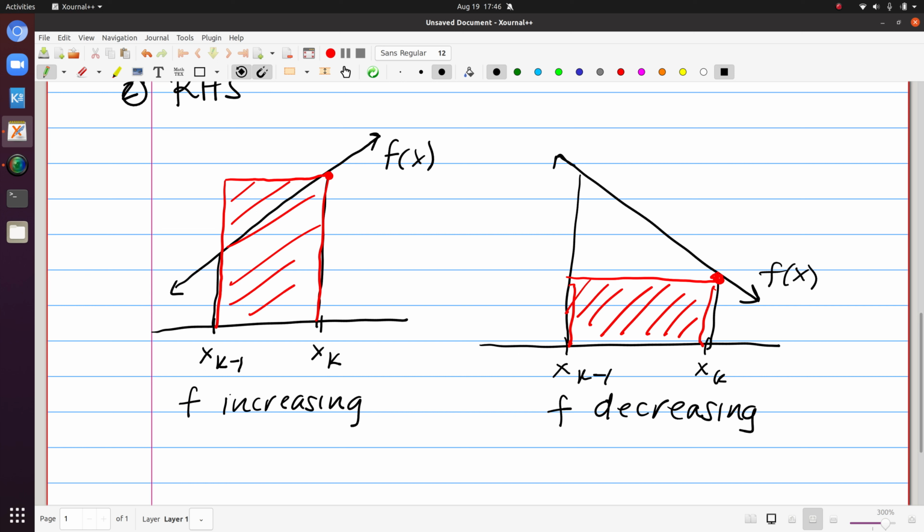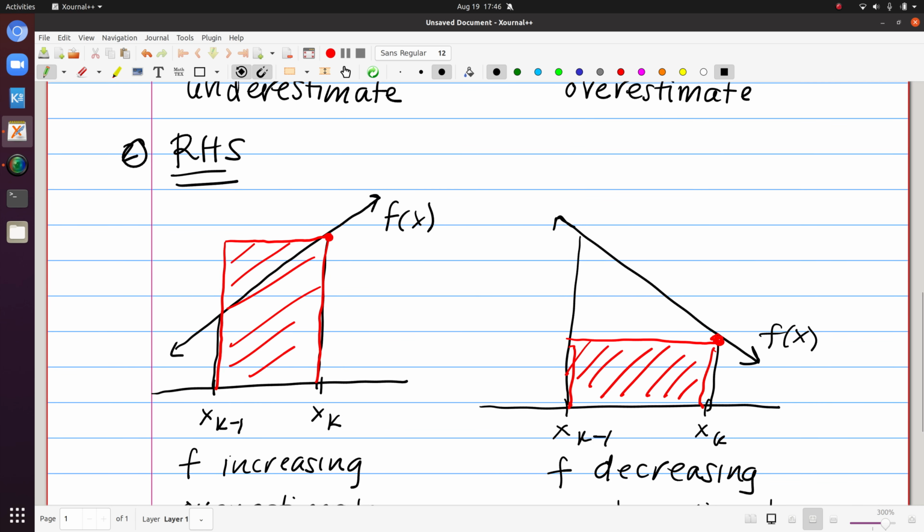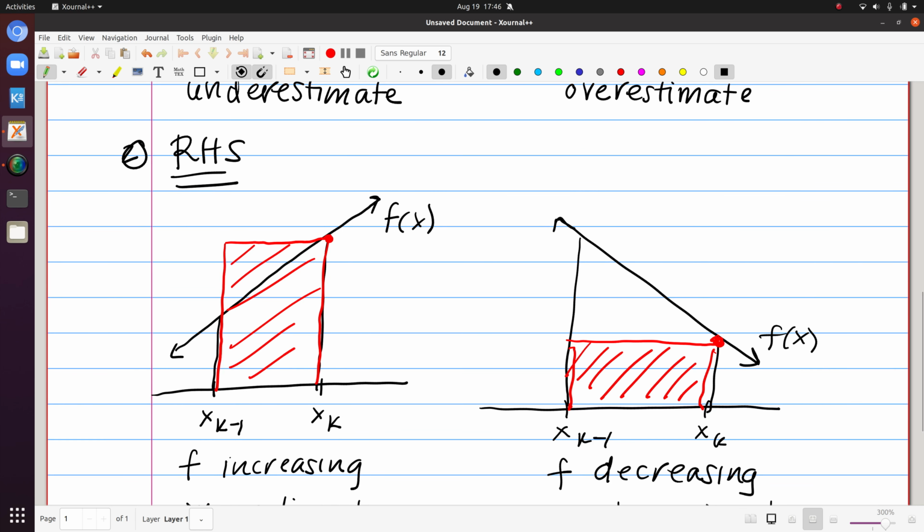So when f is increasing, the right-hand edge gives me the largest possible value for the height. So we get an overestimate. And the opposite is true when f is decreasing. So again, these are when we're looking at the right-hand sum. So to summarize, for left and right-hand sums, what we're looking at is whether or not the function itself is increasing or decreasing in terms of determining over versus underestimate.